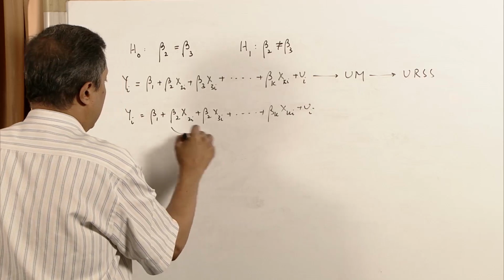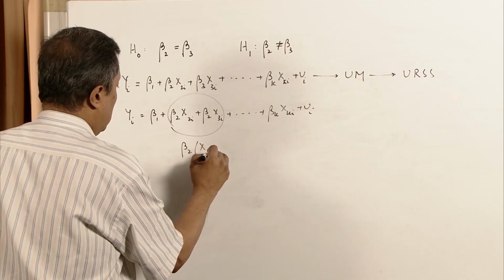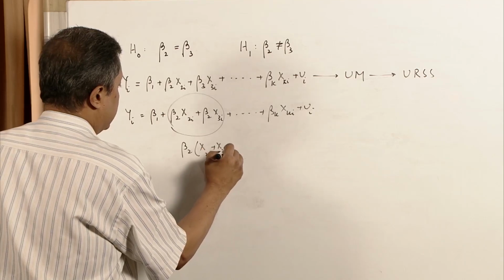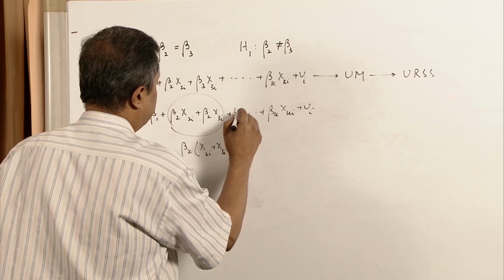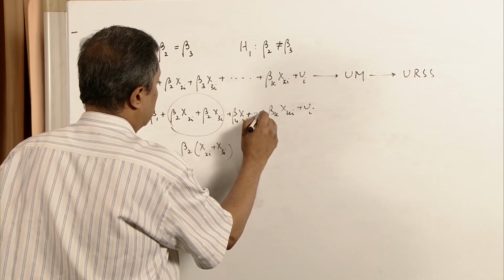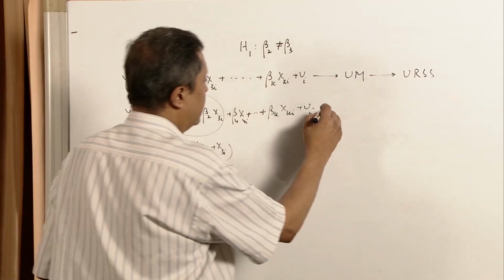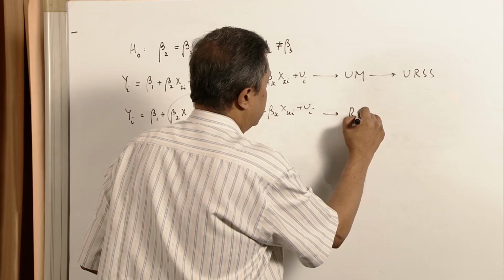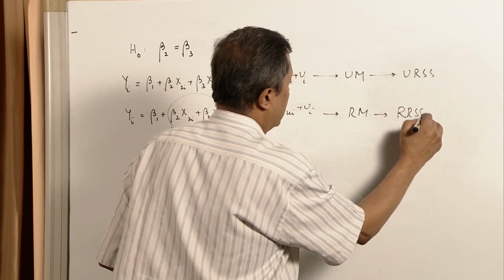That would become beta 2 into (x 2i plus x 3i), and then you have beta 4 x 4i plus, and it goes on. This is the restricted model, and from here we get the restricted residual sum of squares.